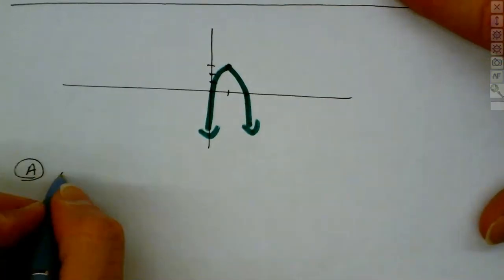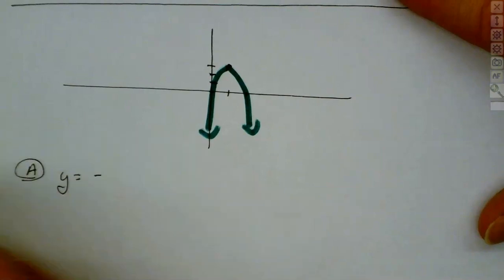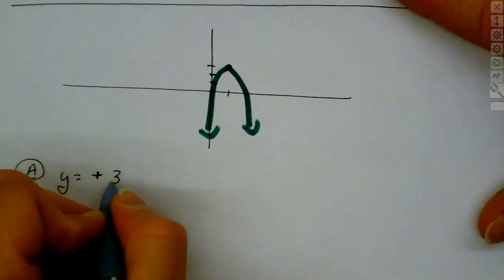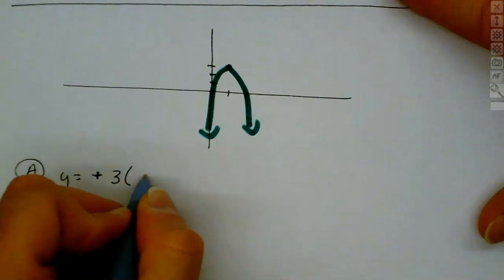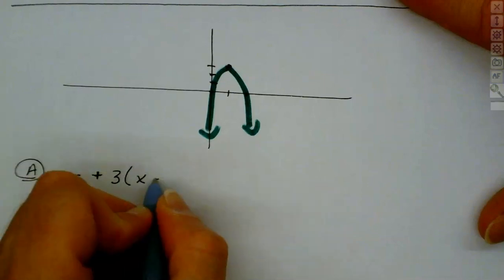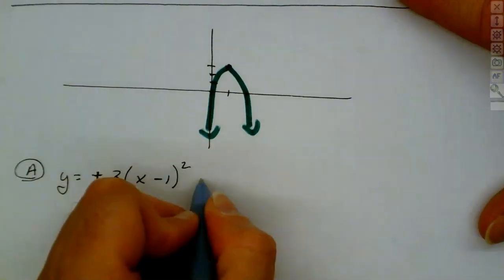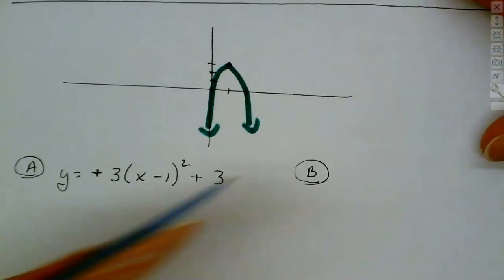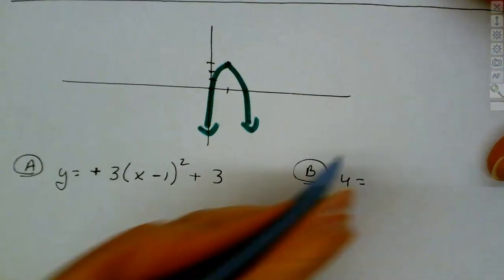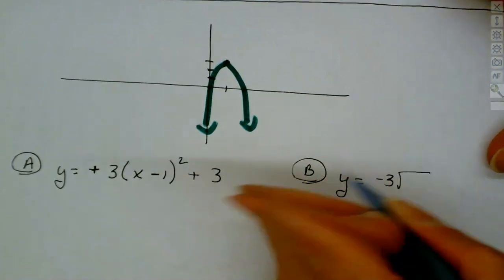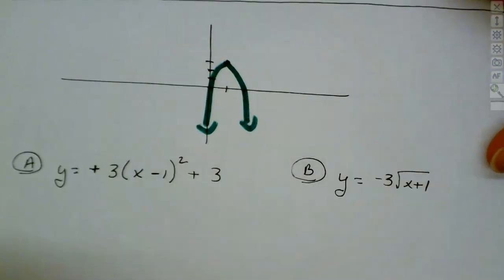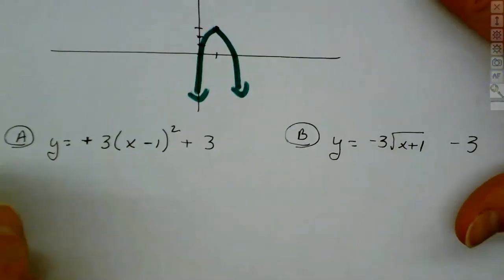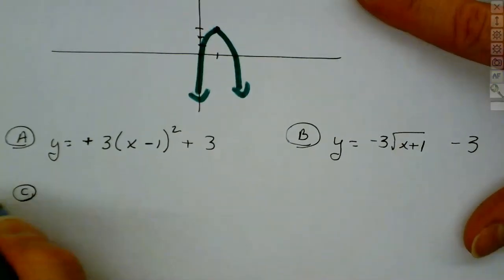And let's say I give you y equals, how about positive 3 times (x minus 1) squared plus 3. Let's see if it's this one. How about we use a minus 3 square root of (x plus 1) minus 3. So there's another choice. Okay, let's come up with another square here.